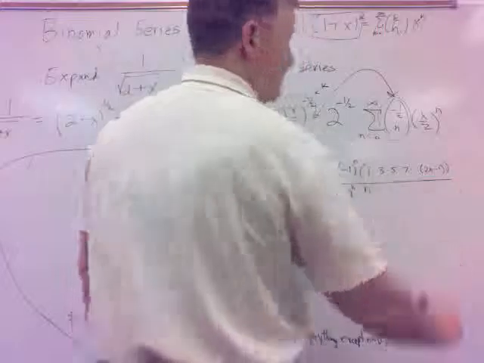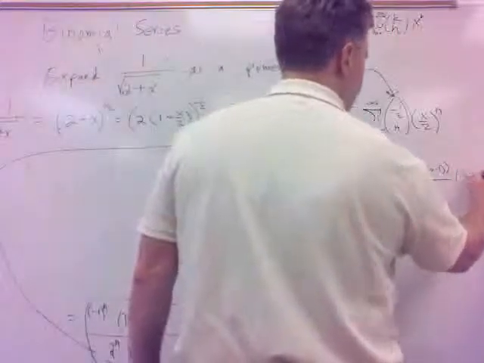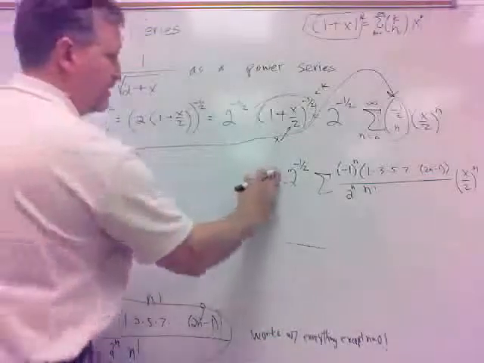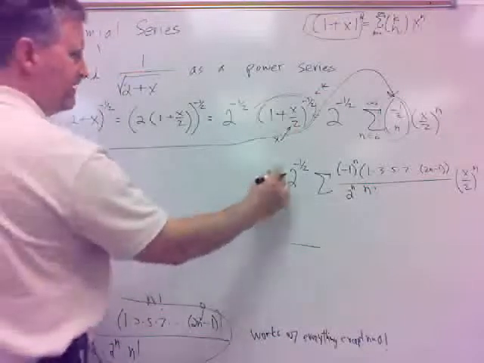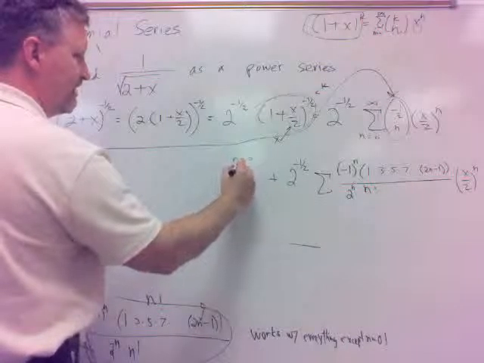And then we got x over 2 to the n over here, except for n equals 0. So actually, sorry, I need to separate out n equals 0 right here.